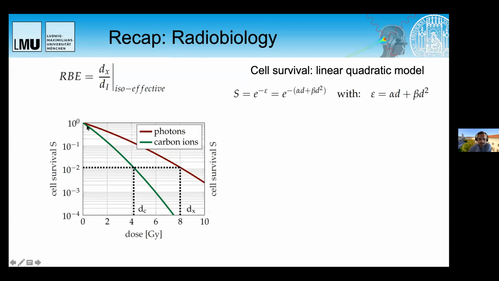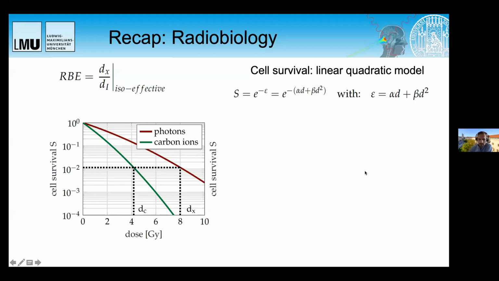The cell survival curve is parameterized by 2 parameters, the alpha and beta parameter, which describe the cell survival. We consider them as radiosensitivity parameters, and we need them to make the relation from carbon ions back to photons.